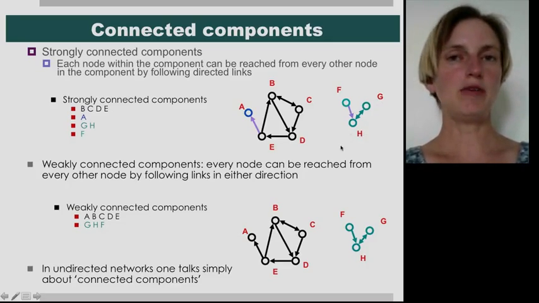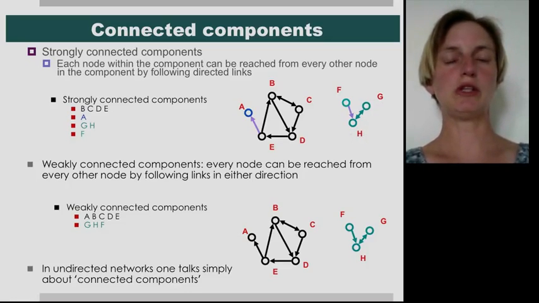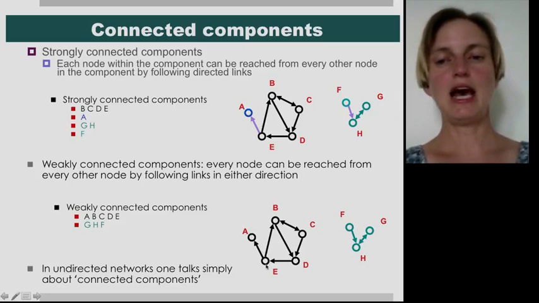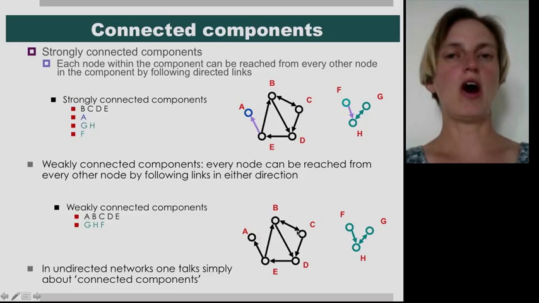When you have an undirected network, or you choose to treat your directed network as undirected, then you can calculate the weakly connected components. And here now, because we're allowing this edge from E to A to be undirected, that means you can go from E to A, but you can also go from A to E. And now A, B, C, D, E are all in the same weakly connected component.